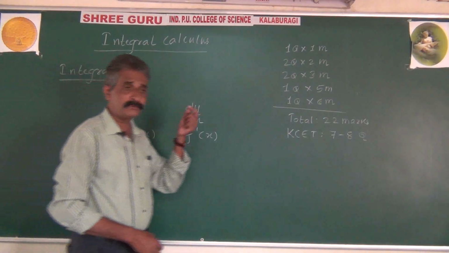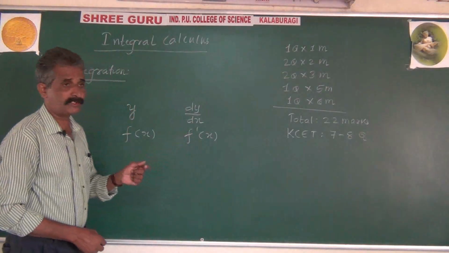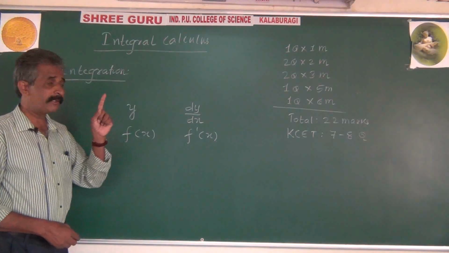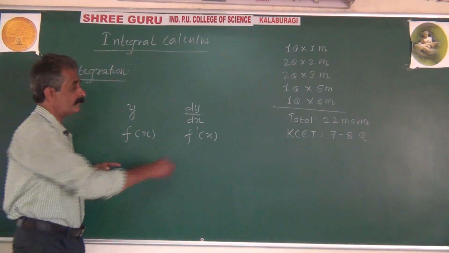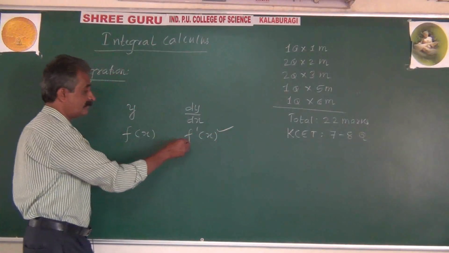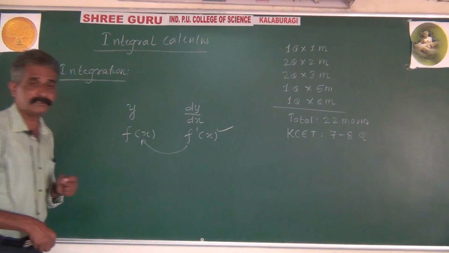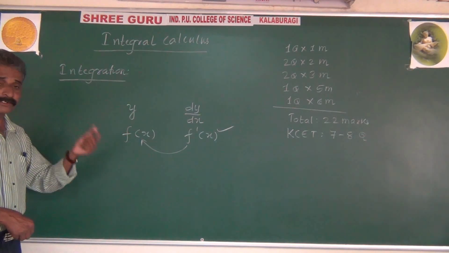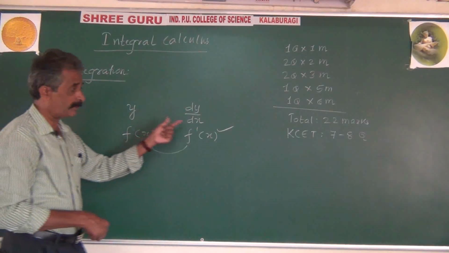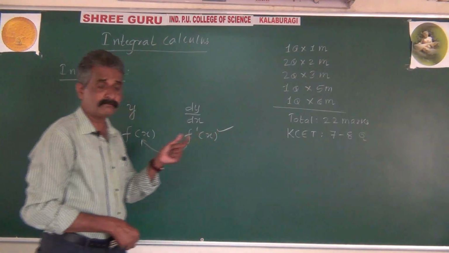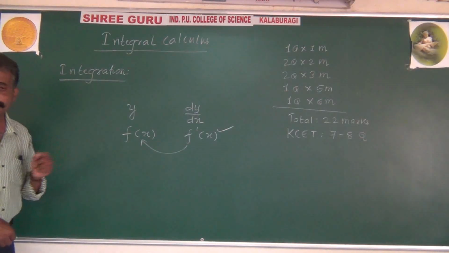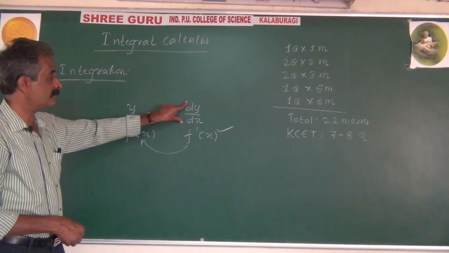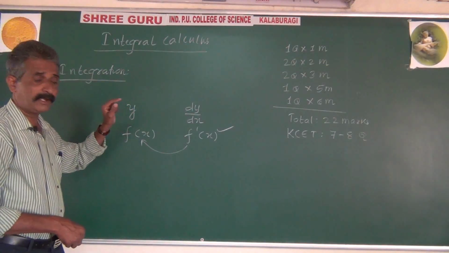Like this we studied several methods, several techniques of differentiation, but there was only one aim: to find f dash x when f of x is given in advance. Keep in mind, when you are not given f of x, it is impossible to find f dash of x. So totally in differential calculus, we need to get dy by dx when y is given in advance.